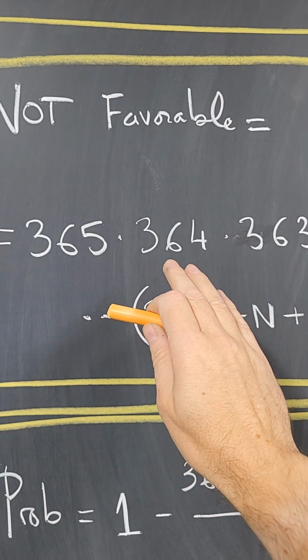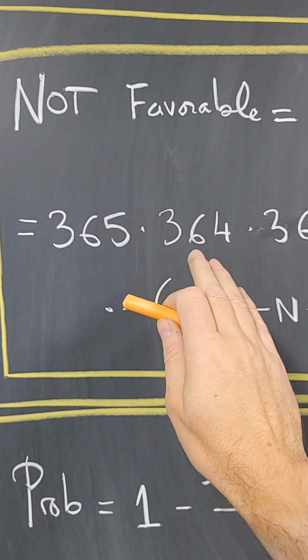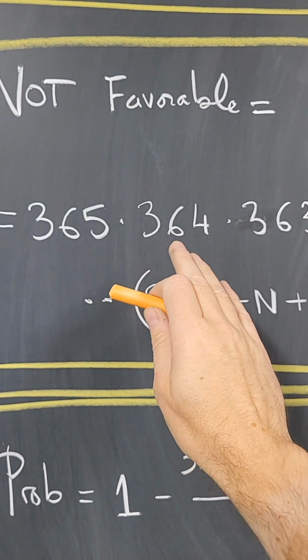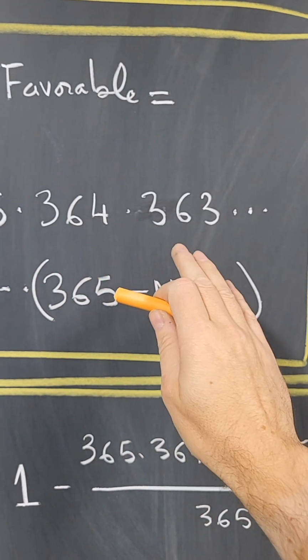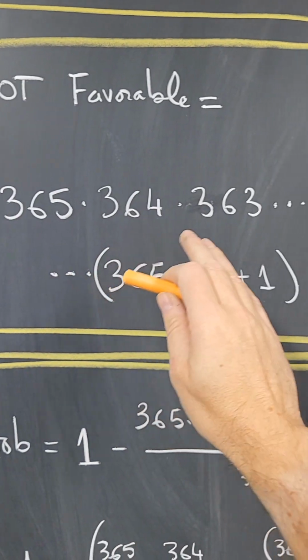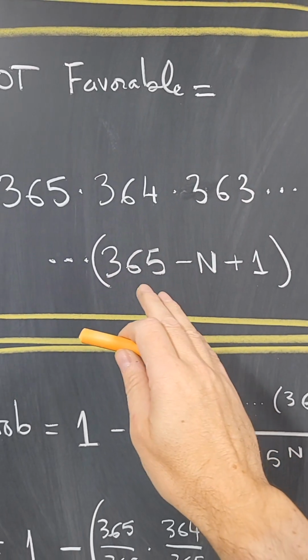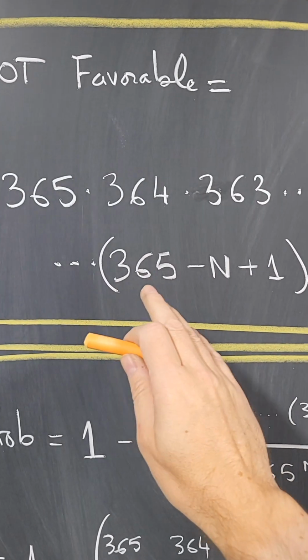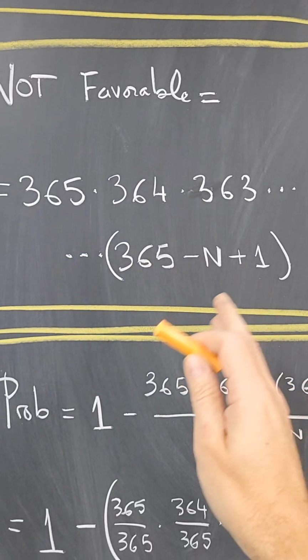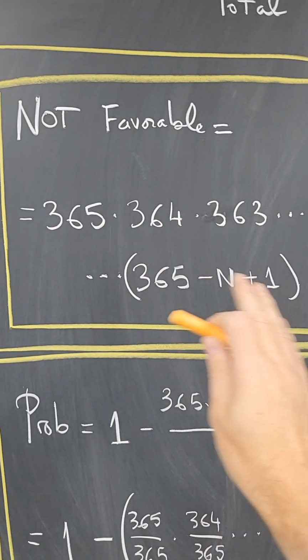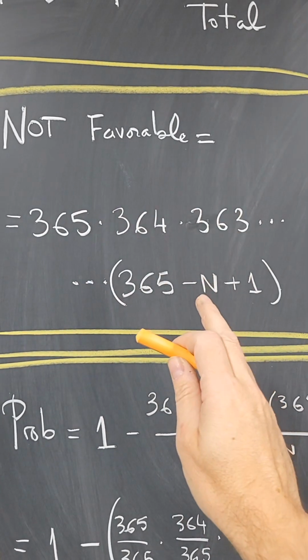For the second one, we don't want to match that one, so we just have to avoid one. So it's 364 choices. For the third person, we have to avoid two birthdays. So there are 363 cases, and so on, up to the nth person, where there are 365 minus n plus 1 possibilities, so that there is no match at all among all those people.